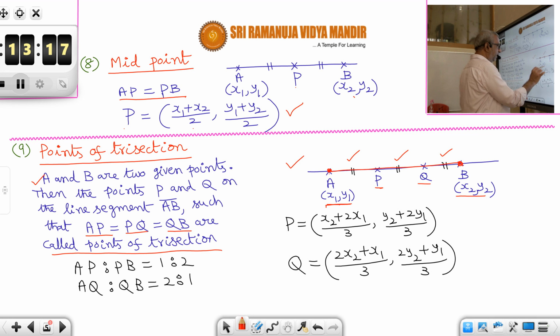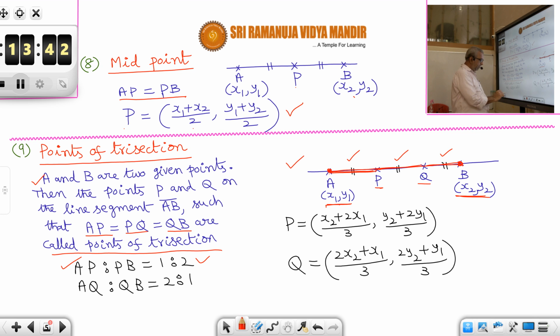Now suppose you know A and B. How do we find the points of trisection P and Q, that is, their coordinates? Clearly AP is to PB is 1 is to 2, because AP length, PQ length and QB length are equal. So I am writing AP is to PB is 1 is to 2.